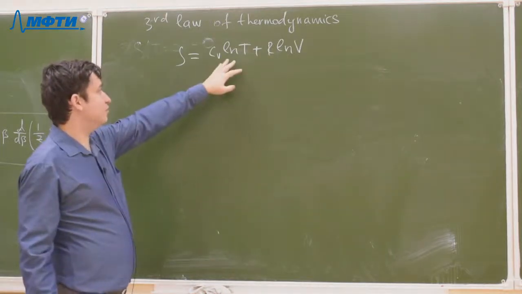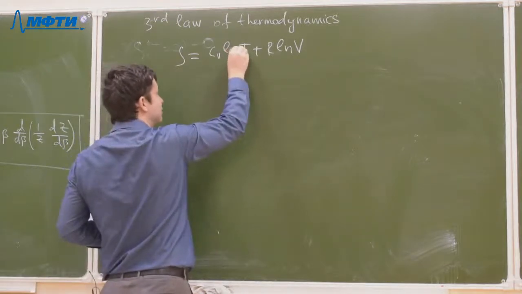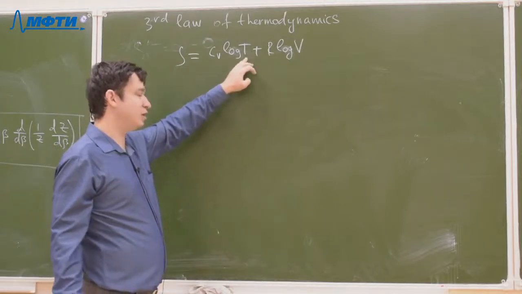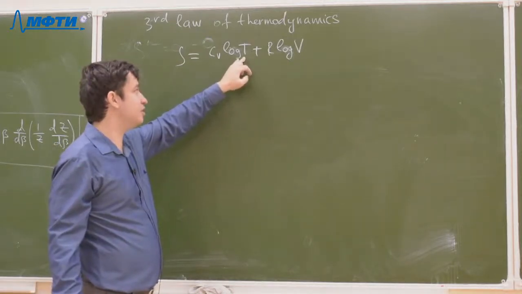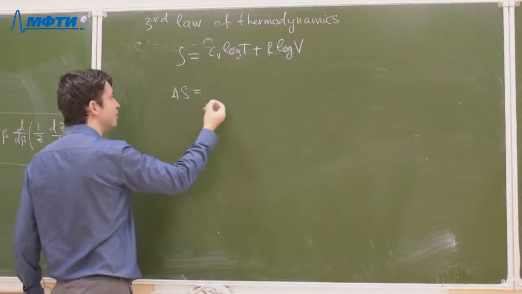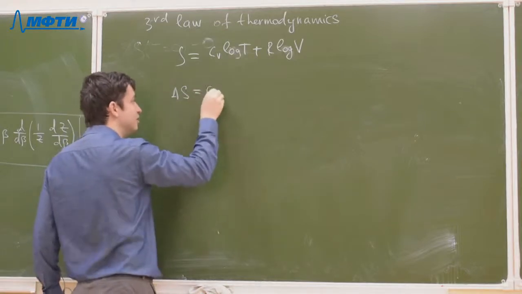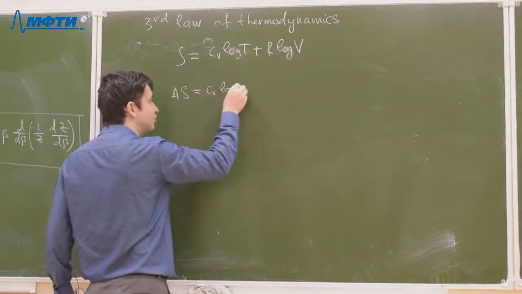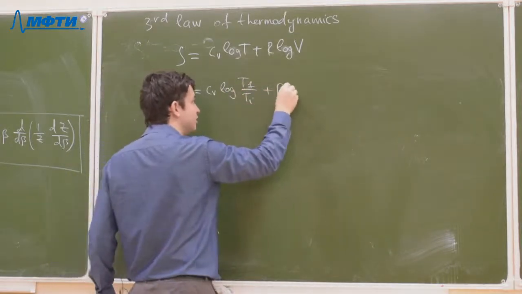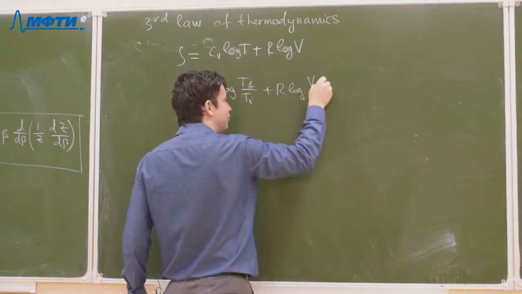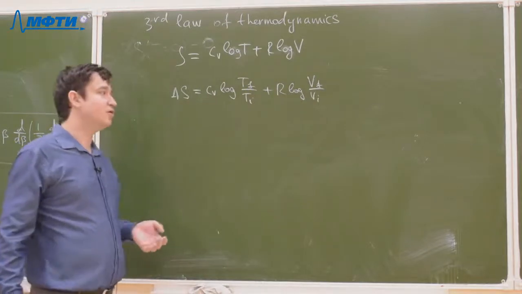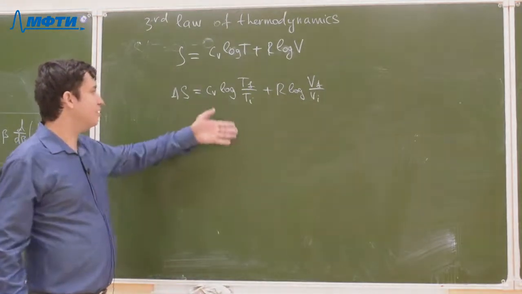And actually, there is a certain ambiguity when you take the natural log of dimensioned quantities like temperature and volume. But when you study increments of entropy, everything becomes very clearly defined. So we have CV multiplied by natural log of T final over T initial plus R multiplied by natural log of final volume over initial volume. So always the increments of entropy are very clearly defined.